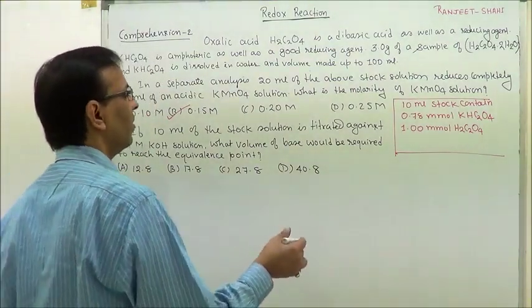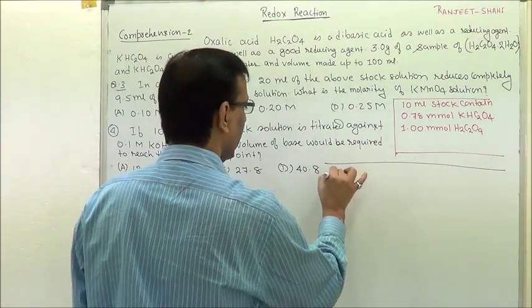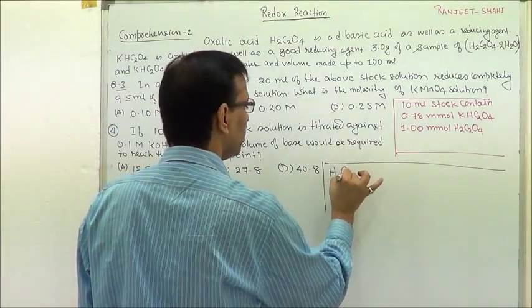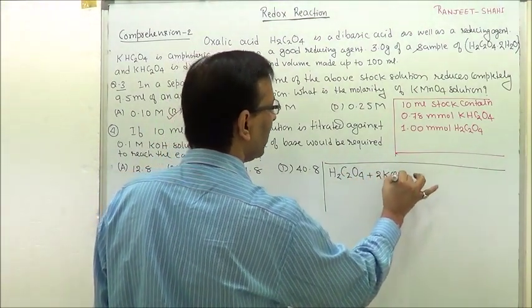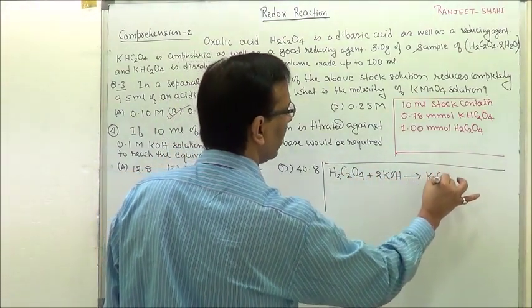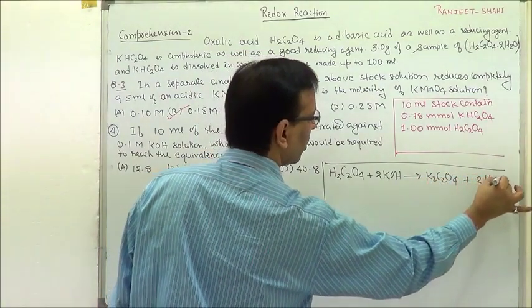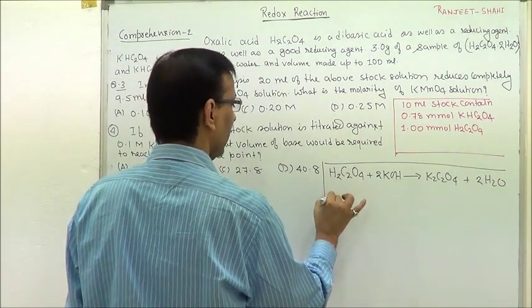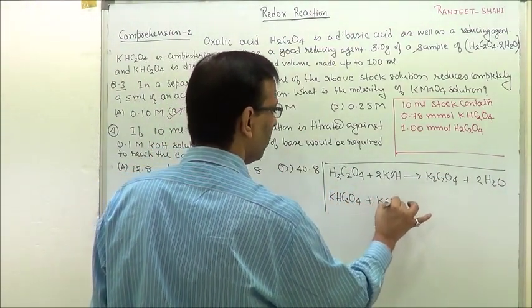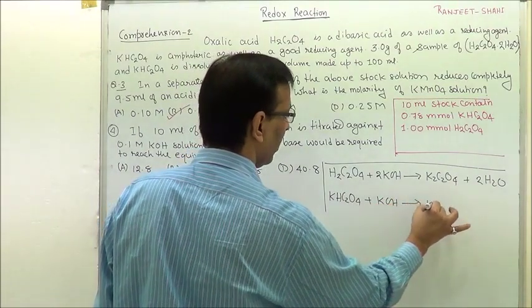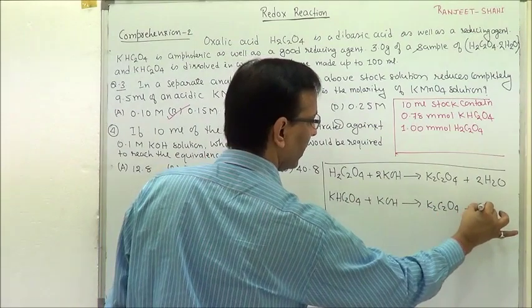We can see the reaction also. So H2C2O4 will be requiring 2 mole of KOH to be converted into K2C2O4 plus 2H2O, and KHC2O4 will be requiring 1 mole of potassium hydroxide to be converted into K2C2O4 plus H2O.